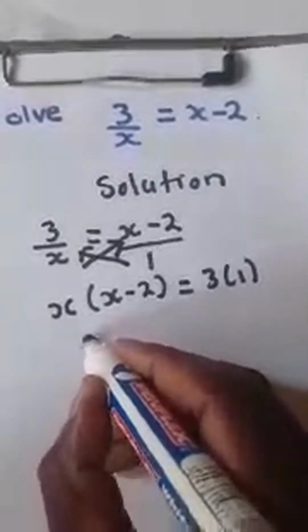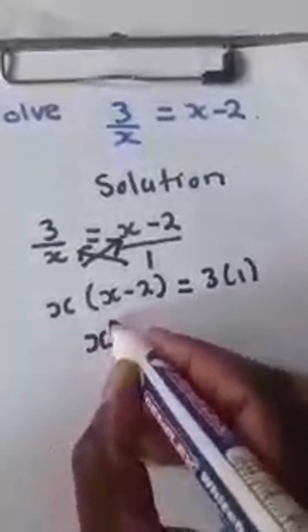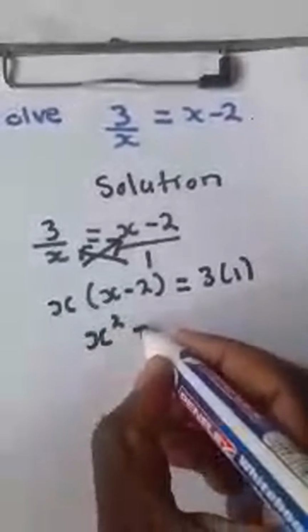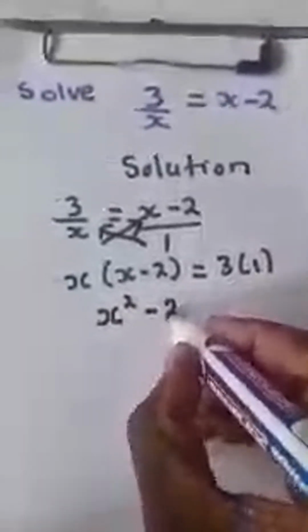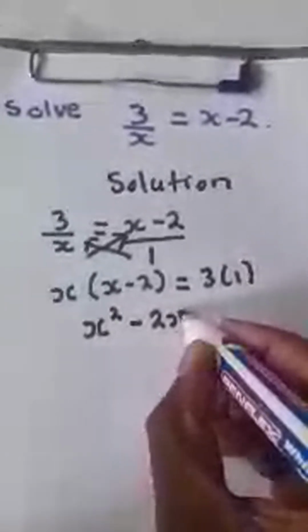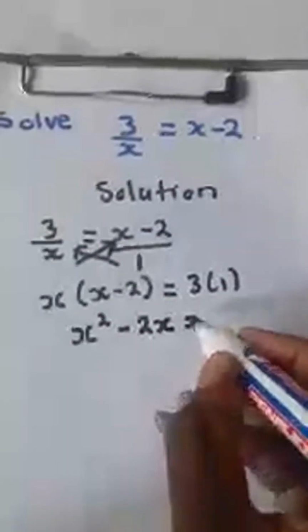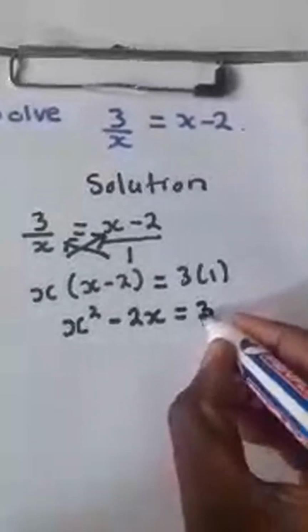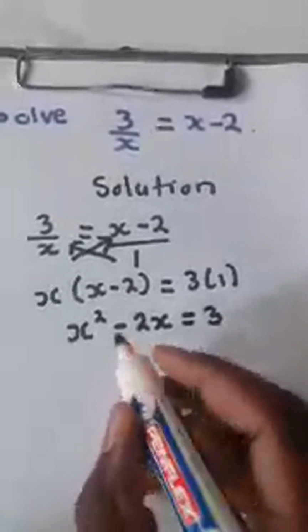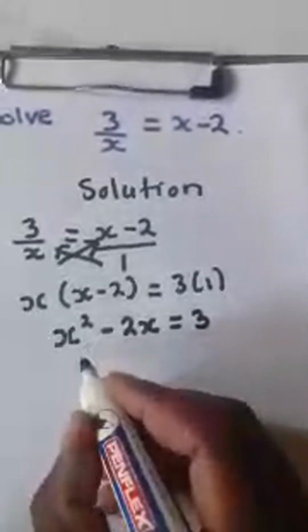So x times x, we get x squared, minus x times 2, we get 2x, is equal to 3 times 1, we get 3.